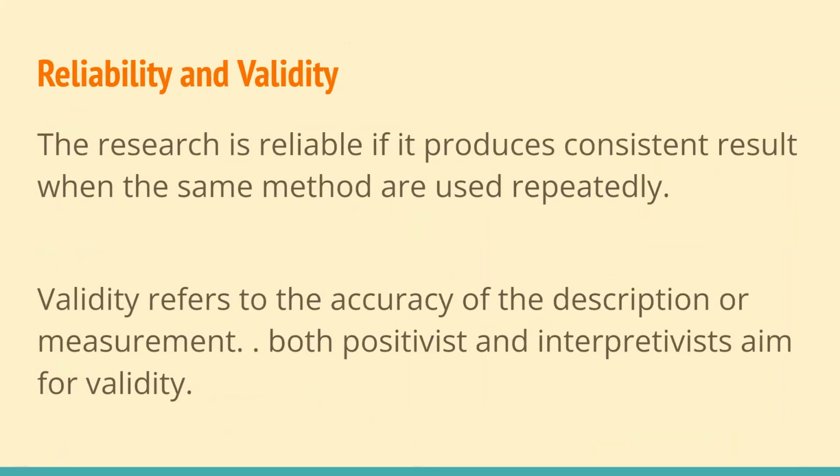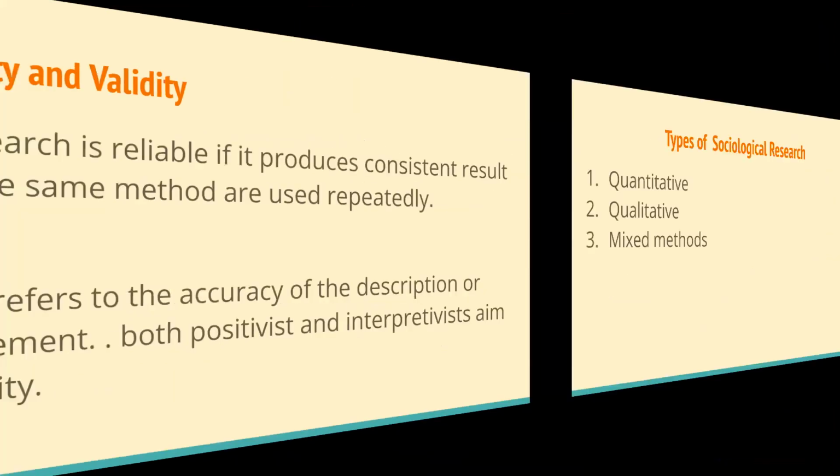Now we talk about reliability and validity. What is reliability? Now the research is reliable if it produces consistent results when the same methods are used repeatedly. Whereas validity refers mainly to accuracy of the description or measurement.